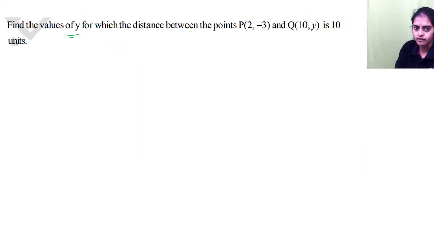You need to find the value of y. So how are you going to find the value of y, beta?